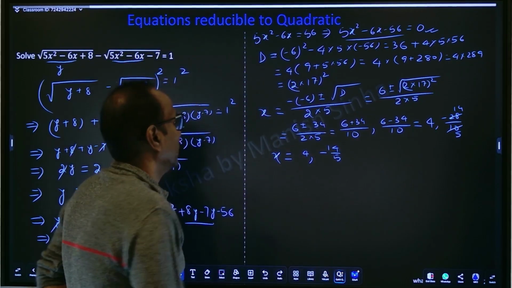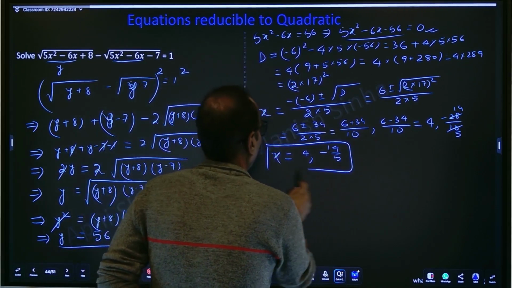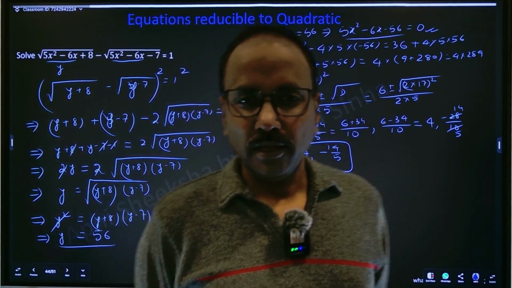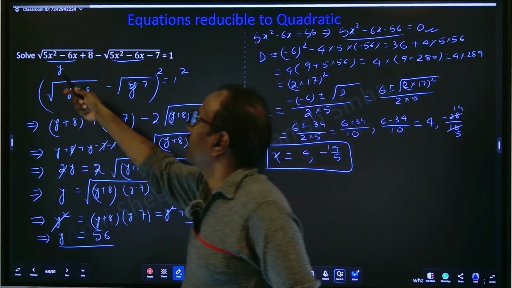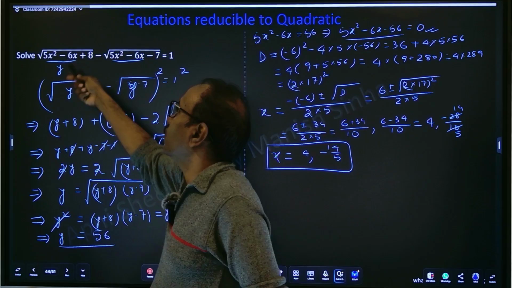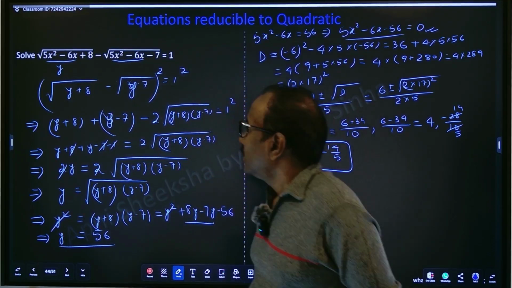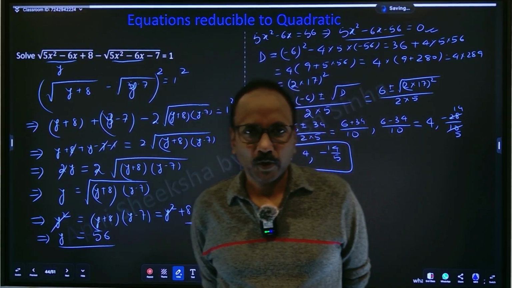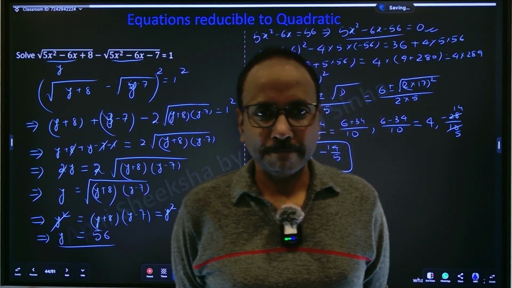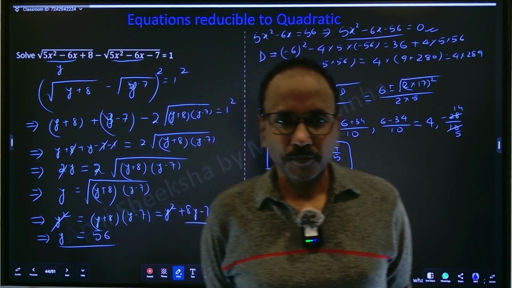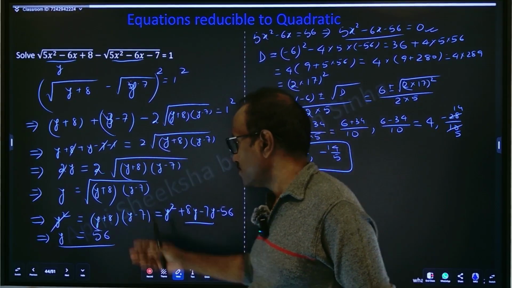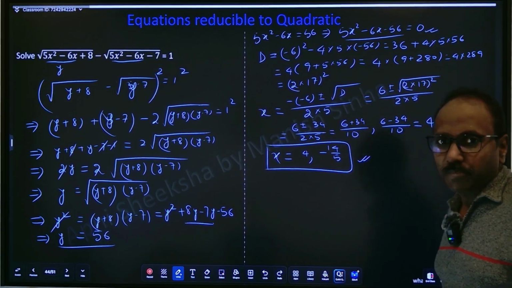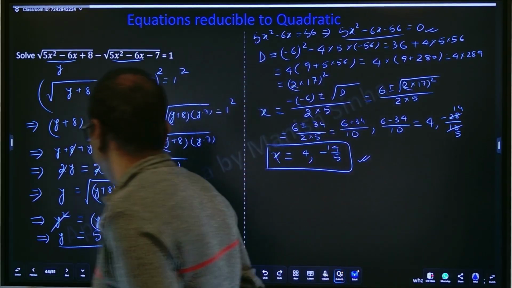So the whole idea of assuming 5x square minus 6x is equal to y is to make it simpler while you proceed with squaring the equation. So this is one example. Now we'll go for the second one.